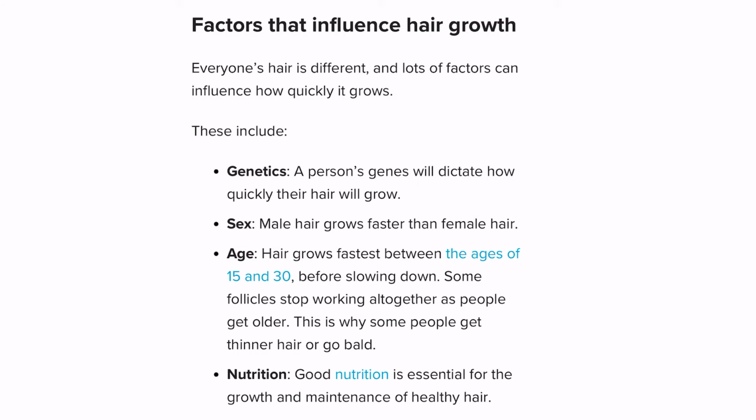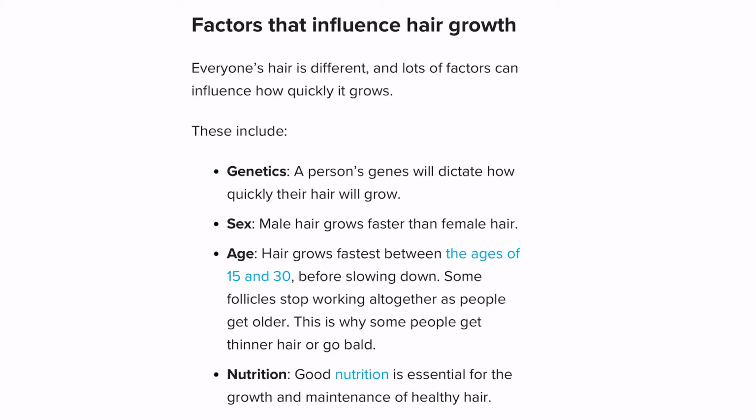Factors that influence hair growth: everyone's hair is different and lots of factors can influence how quickly it grows. These include genetics. A person's genes will dictate how quickly their hair will grow. This is something you inherit. It runs in families, passed on through the generations down in that DNA, something we cannot control. Sex: male hair grows faster than female hair. Your age also has something to do with it.